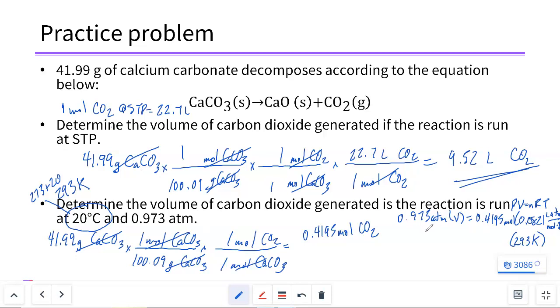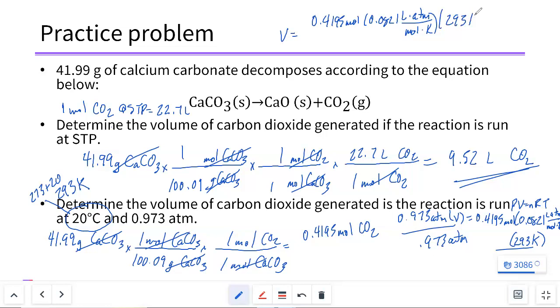To get the volume by itself, I'm going to need to divide each side by the 0.973 atmospheres. So volume is going to be equal to 0.4195 moles times 0.0821 liter atmospheres over moles Kelvin times 293 Kelvin divided by the 0.973 atmospheres.